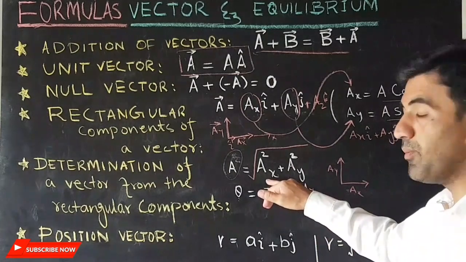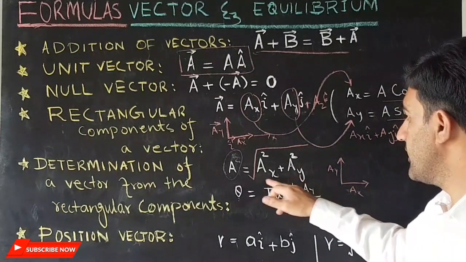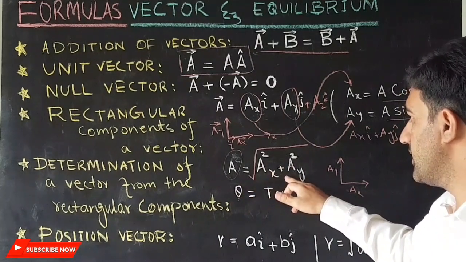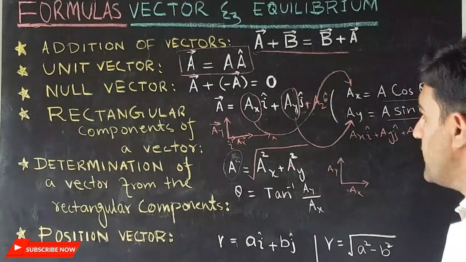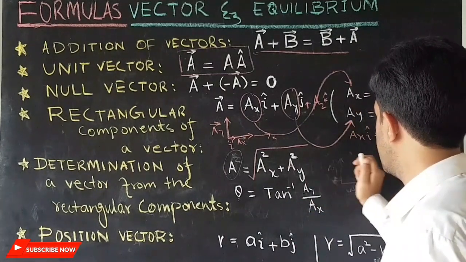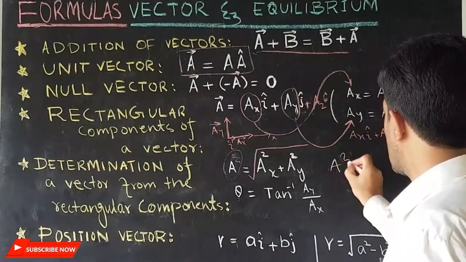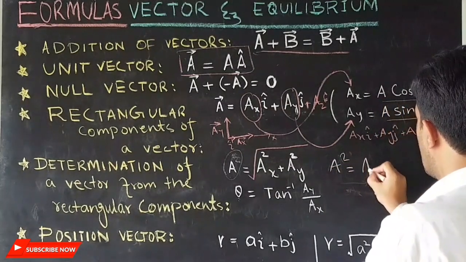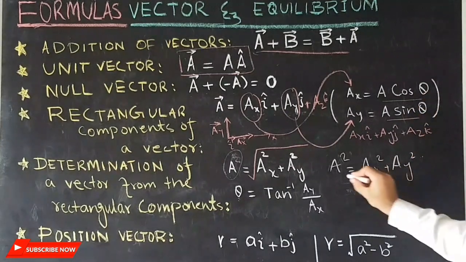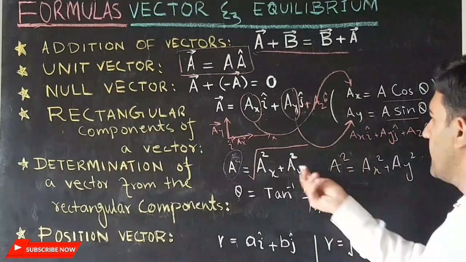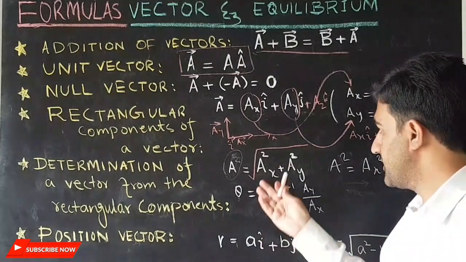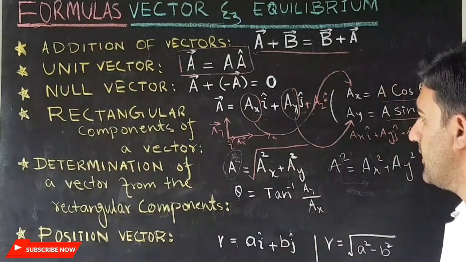Here there are two components, ax and ay, and a is equal to under the root ax square plus ay square. It has come from the formula a square is equal to ax square plus ay square, and when we take the square root on both sides, we get this shape of the formula.